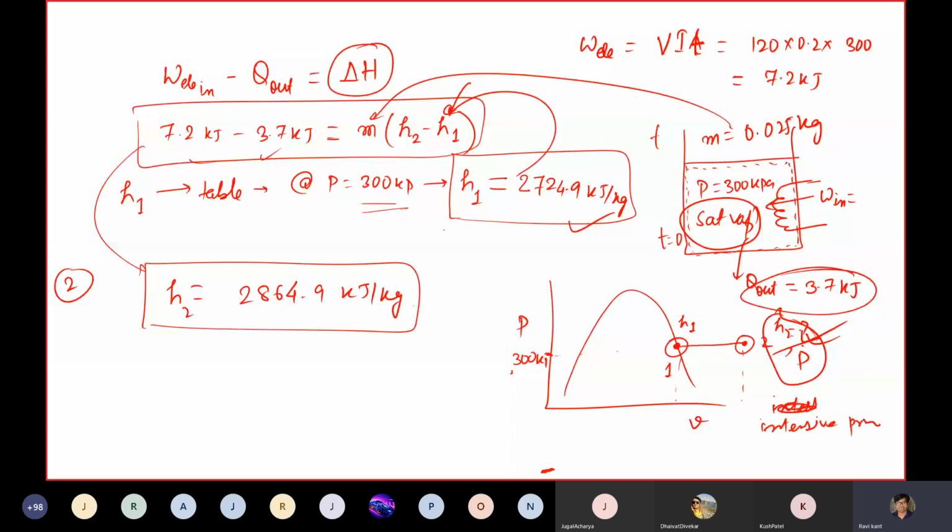It means with the help of the table again, you go to pressure 300 kilopascal, and you find H2 in the table, 2864.9, and from these two data you'll reach T2 equal to around 200 degrees C. You'll go to the data and you'll find it. This is simple.